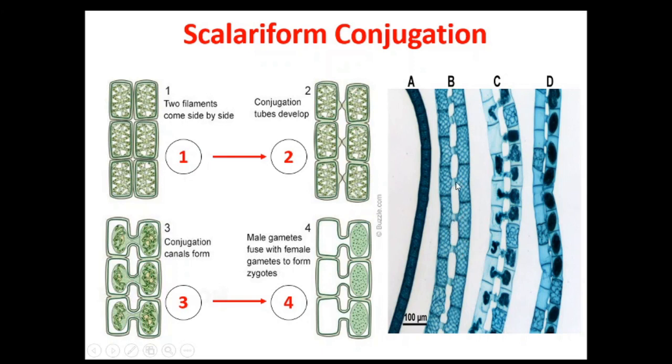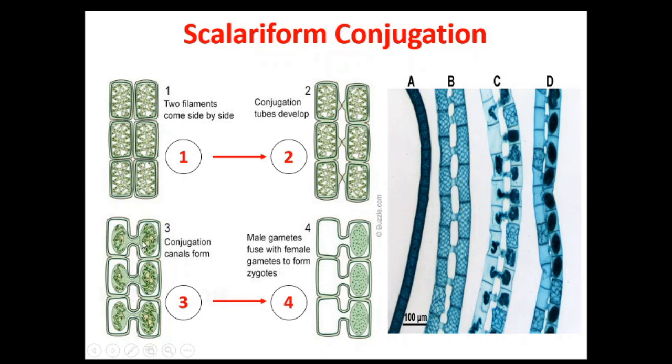Because of the formation of the conjugation channels, it gives the characteristic ladder-like appearance to the conjugating filaments. That's why scalariform conjugation is also known as ladder-like conjugation.